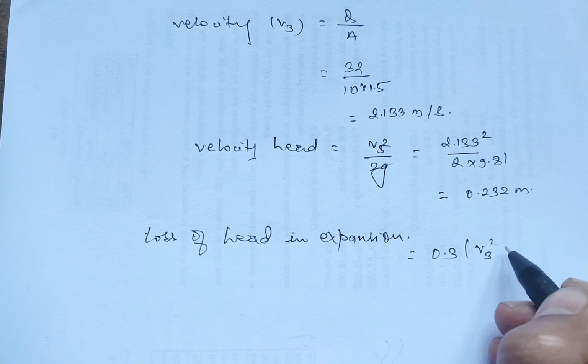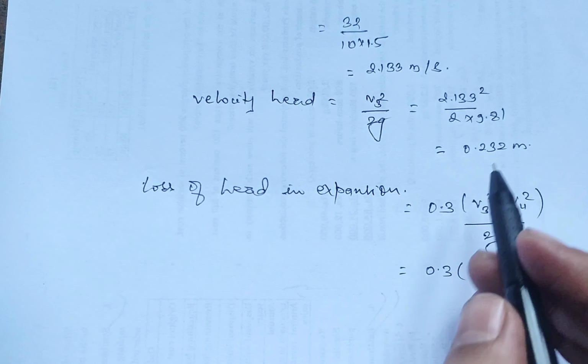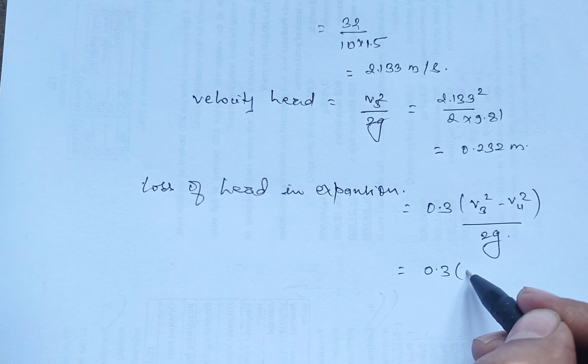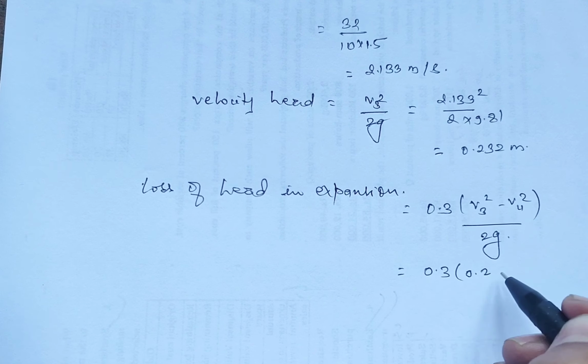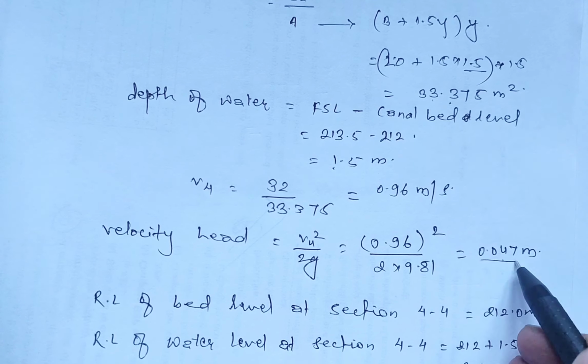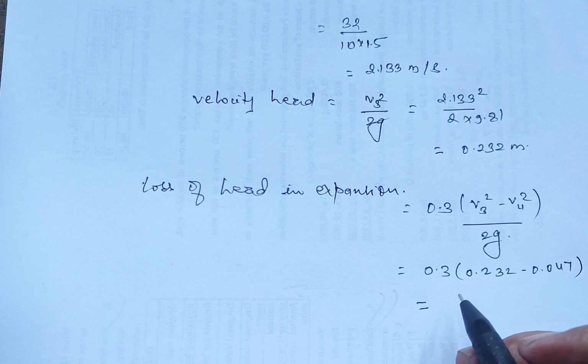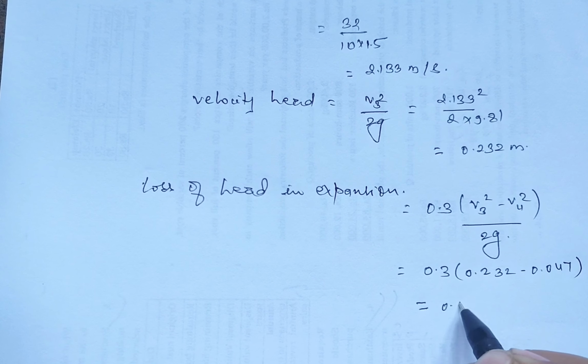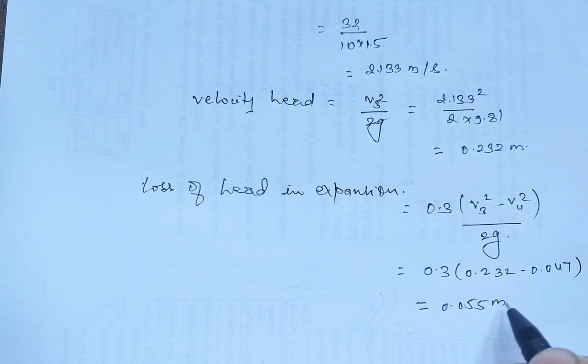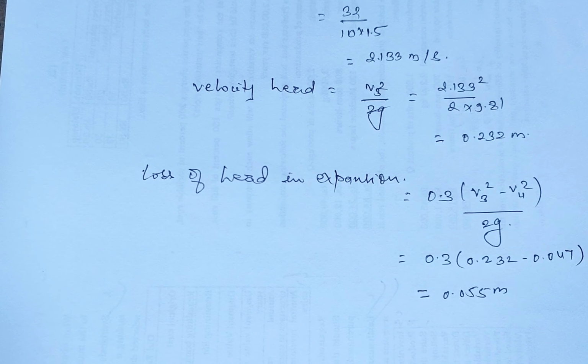Simply placing the values of v3 and v4, the velocity heads are 0.232 and 0.047. On solving this, the result will be 0.055 meter.